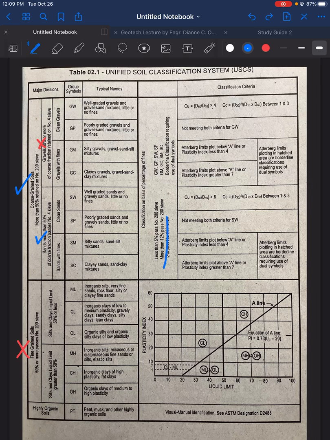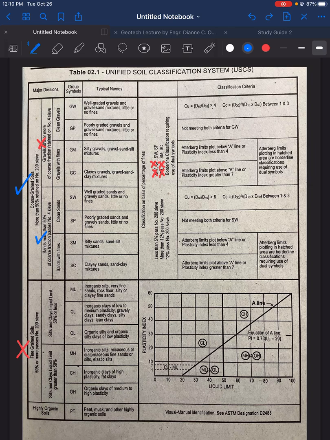If more than 12% passes number 200 sieve, then the soil classification is among these four. But since we did not choose gravel here, or it did not fit the gravel classification, therefore we can eliminate GW, GP, GM, and GC. So what's left is this 4. Okay, and this 4 is similar with this one here.